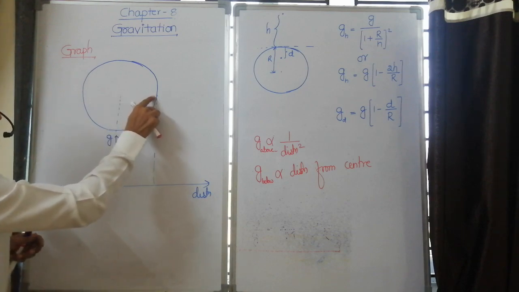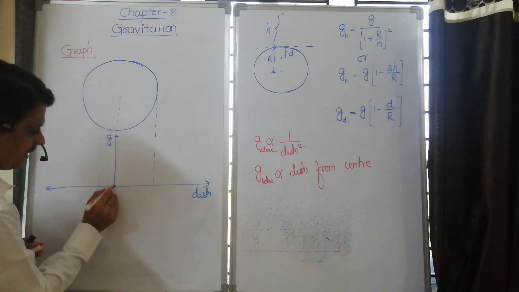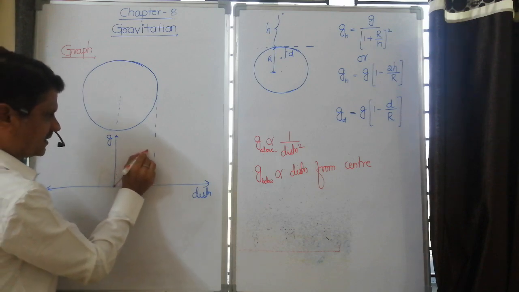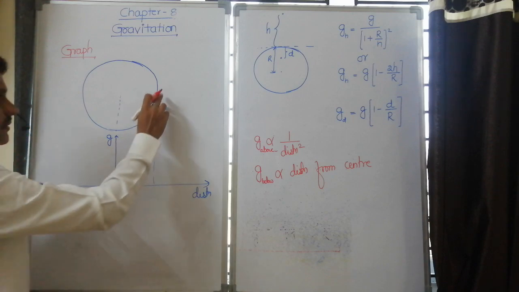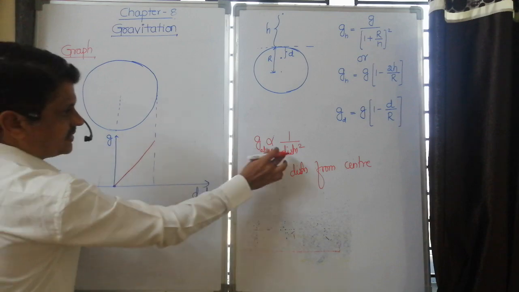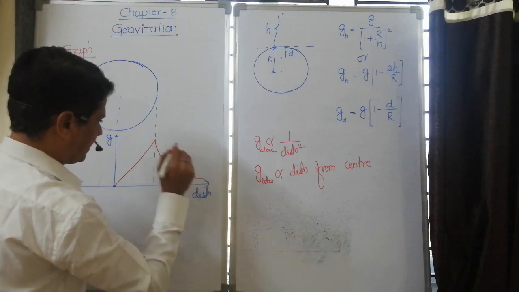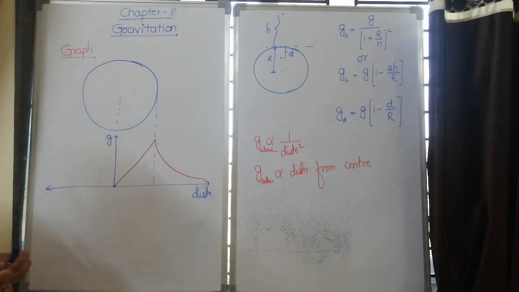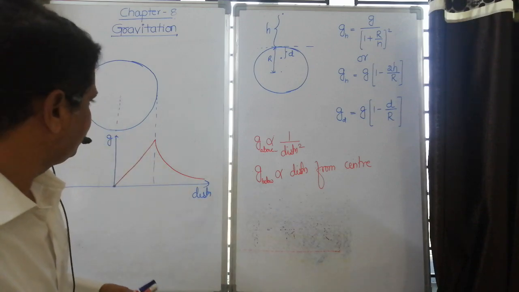From center to surface means it is below the surface. g is directly proportional to the distance, so the graph is a straight line, and above the surface of the earth, it is inversely proportional to the distance, so the graph will be like this. This is the variation of g with distance.